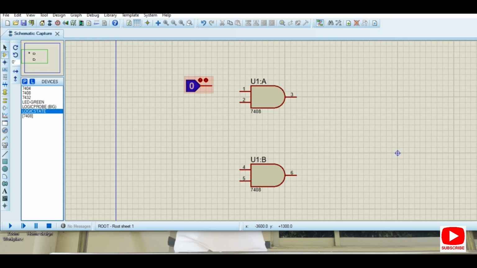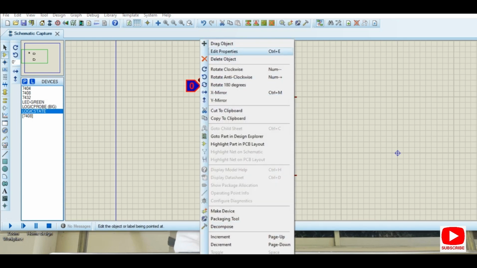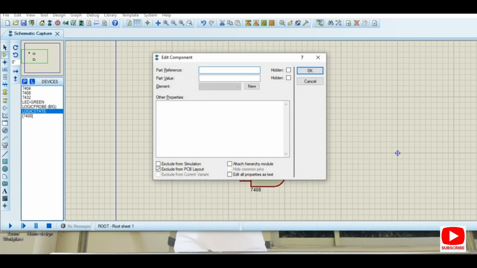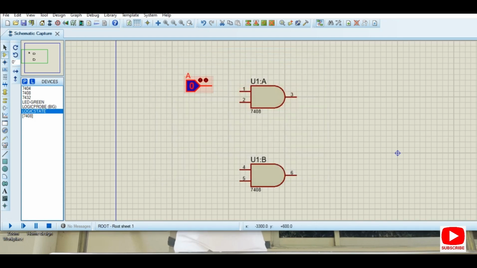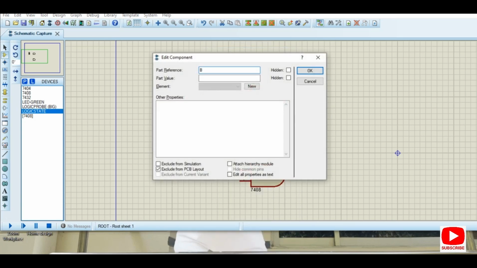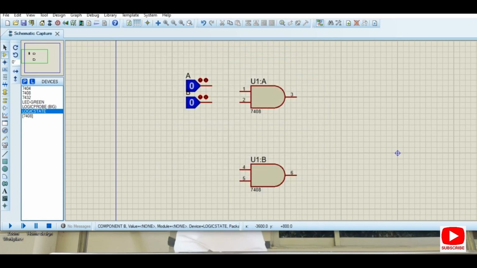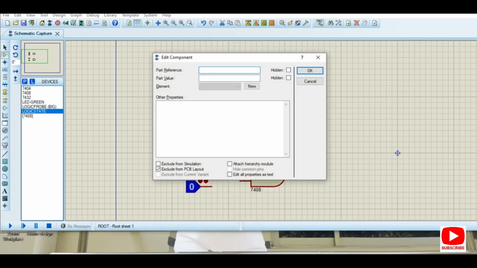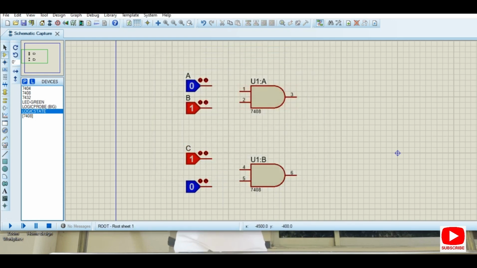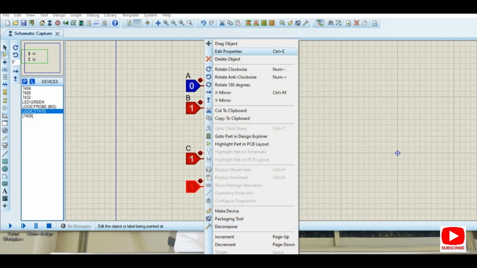We can rename them. We name one C and rename another D.